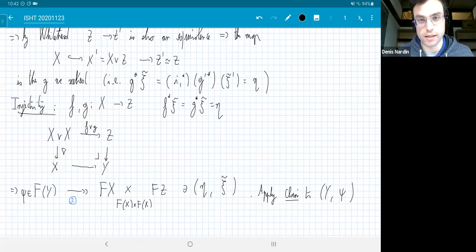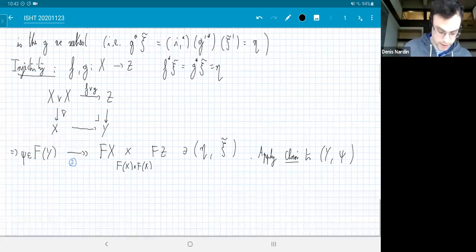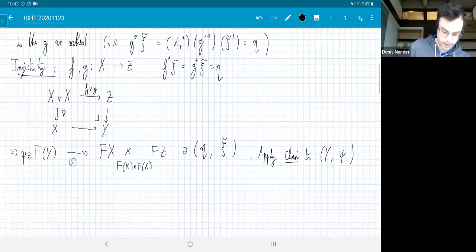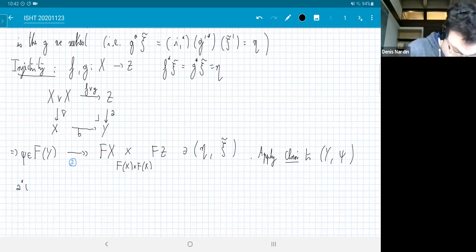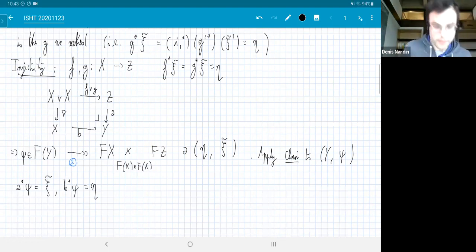Since this map is surjective, I can find psi, and just to be clear what this psi means, let me call this A and B. Psi has the property that A upper star of B is eta, so is xi tilde, and B upper star of psi is eta. It might not be the only one with this property, but there is certainly at least one.